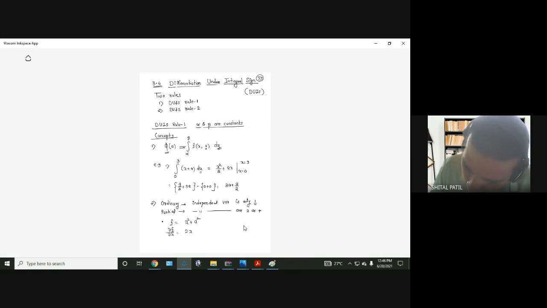A will be constant in this case. And whenever I am differentiating with respect to a, x is constant. Here a was constant. So the derivative of x square is 0 and the derivative of a square is 2a. We are considering a as a variable now, not as a constant.